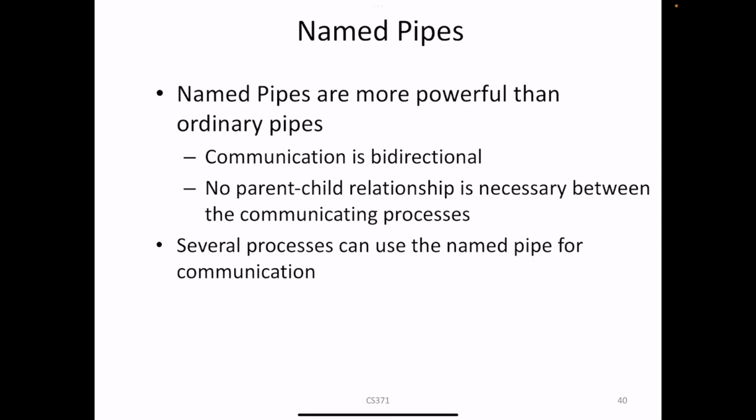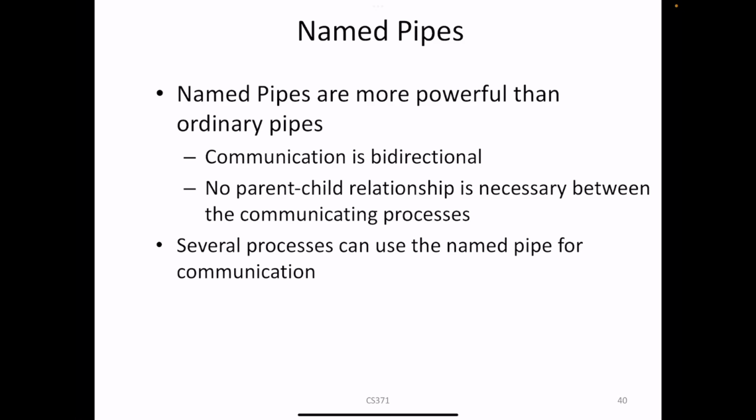For named pipes, since we give the pipe a name, it makes the pipe more powerful than ordinary pipes. In named pipes, the communication is bidirectional, and we do not specifically require a parent-child relationship between the communicating processes.